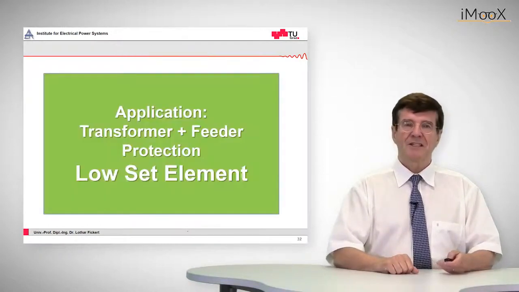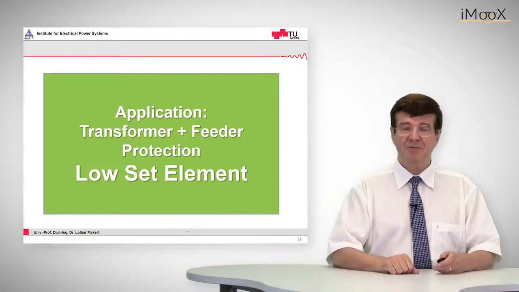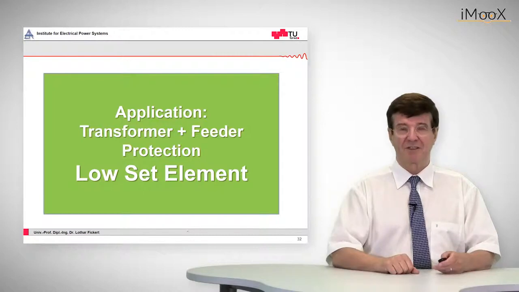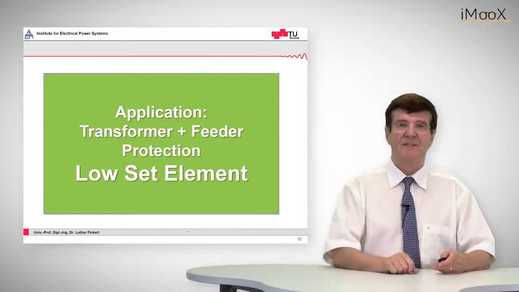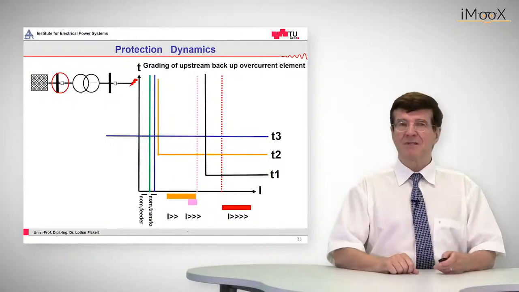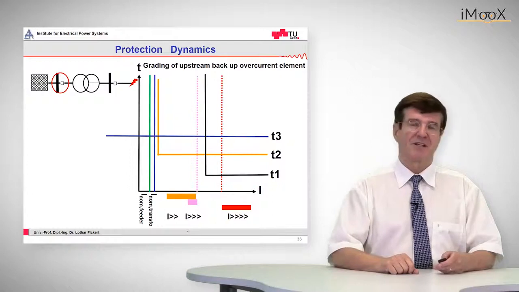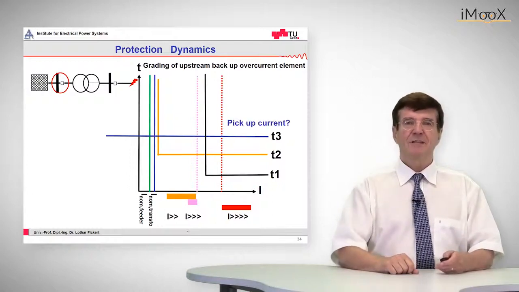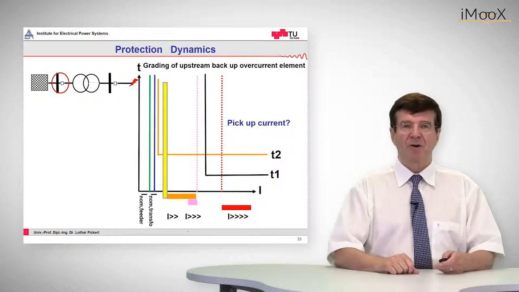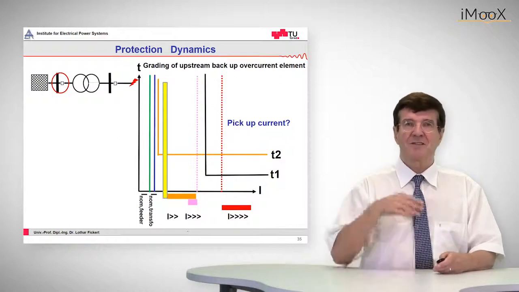And now we can also use an additional function of the upstream overcurrent protection in the sense of a backup protection. So it should pick up if the feeder protection does not trip for that fault. So the tripping time is quite clear. It must be above the tripping time of the feeder. The new tripping time is called T3. But how about the pickup current? The pickup current should always pick up for the worst backup case.